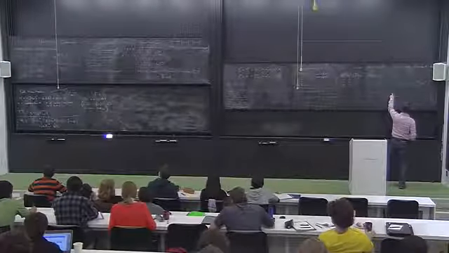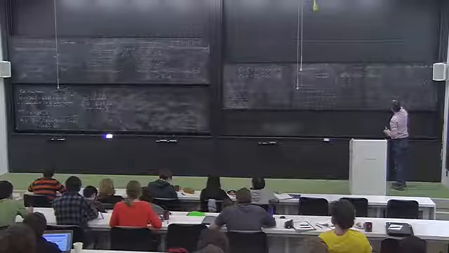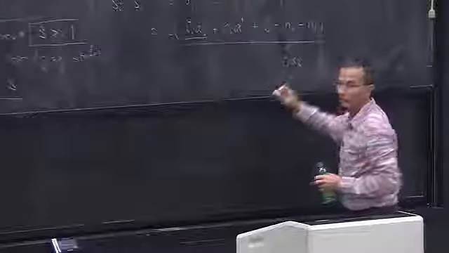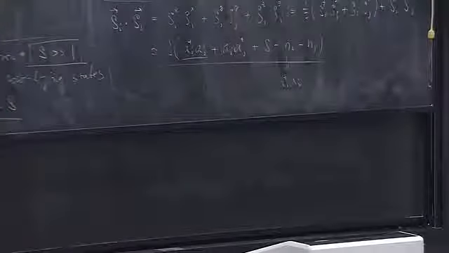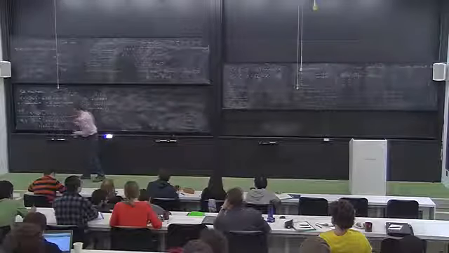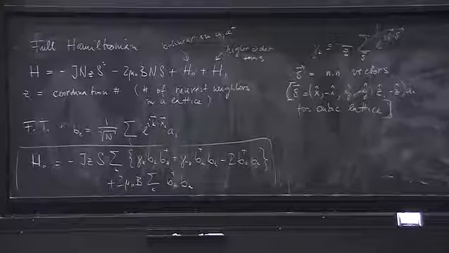The last term here arises from these n i and j's, because these are a dagger i, a i, right? So they are on the same site, and for that reason, there's no nearest neighbor vector involved, and that's why these terms here don't have any gamma in them. There's two of them, n i and j, and that's why I have a factor of 2.